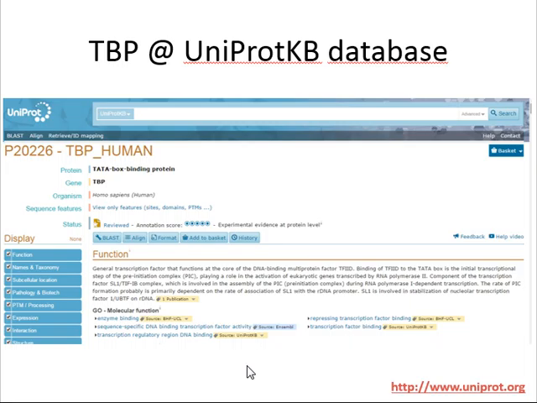The last kind of annotation that was included is gene ontology, which is based on molecular function, cellular component, and the cellular process where the protein is involved.